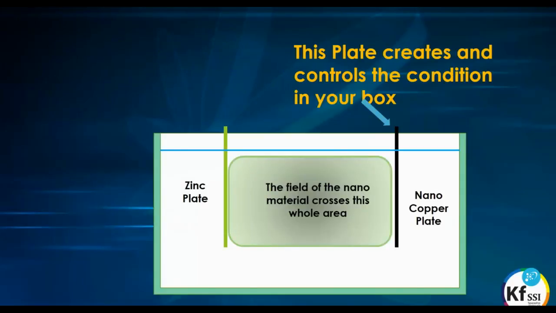Now, it's important to understand that the nano copper plate that you've created controls the condition in your box. Because you've created those nano layers, the field from that material crosses this whole area between your two plates and creates that condition within your box.